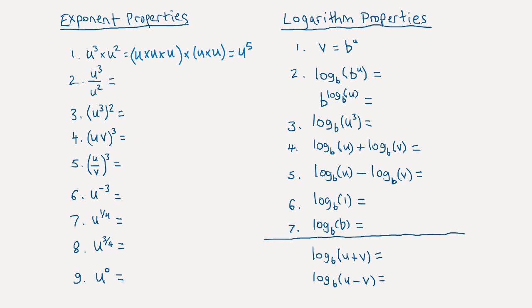For number 2, again, let's just write out what it is first. So we've got u cubed in the numerator, u squared in the denominator. So I can cancel some of these u's, and we're left with just a single u in the numerator.